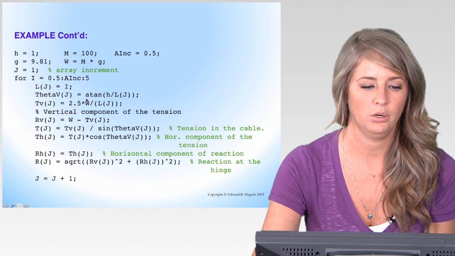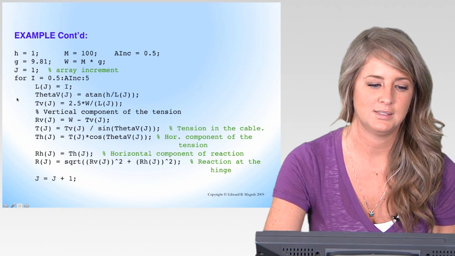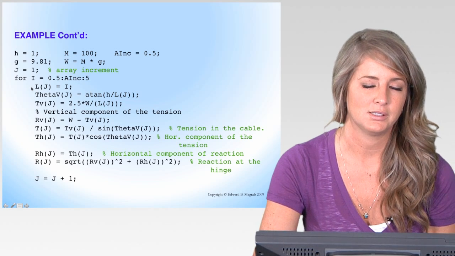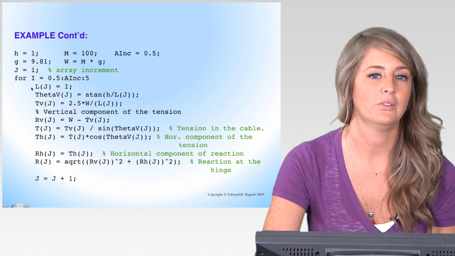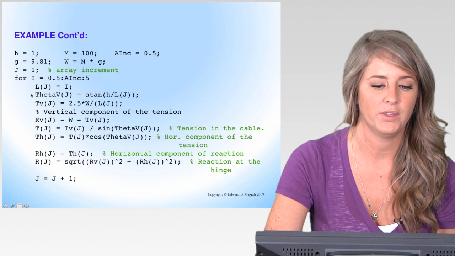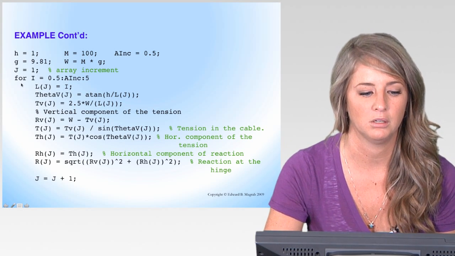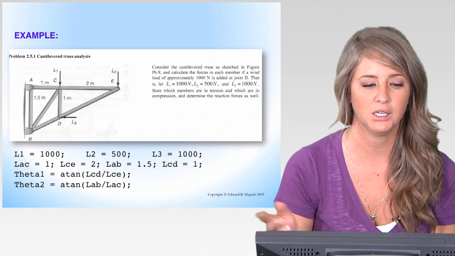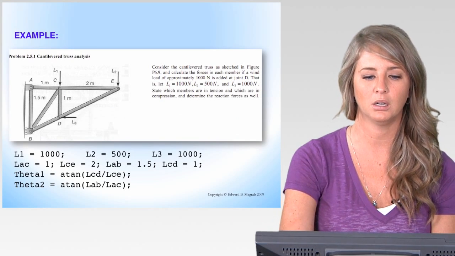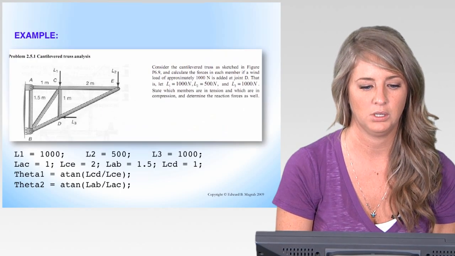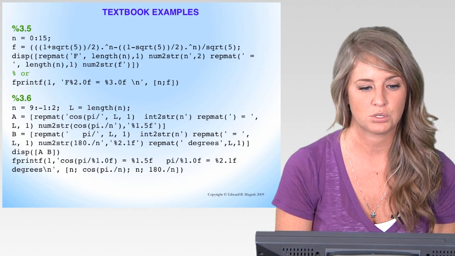Particularly what I want you to notice is that this example here contains a for loop, which we haven't discussed yet. That's going to be discussed in the next chapter. But go ahead and start familiarizing yourself with this so you can get a feel for what we're going to be discussing in the next video. And then here's a second example. Again, give this one a try, see if you can derive the solutions for that.